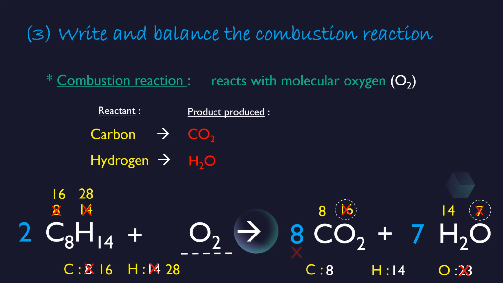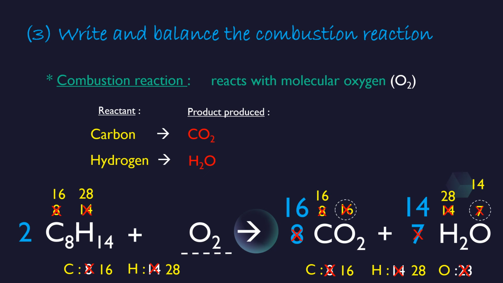Multiplying 2 to the initial coefficient of 8 will now bring a new coefficient of 16 in front of CO2 to get 16 carbons. By the H2O molecule, the initial coefficient of 7 multiplied by 2 gives a new coefficient of 14. 14 multiplied by the subscript 2 equals 28 hydrogens.